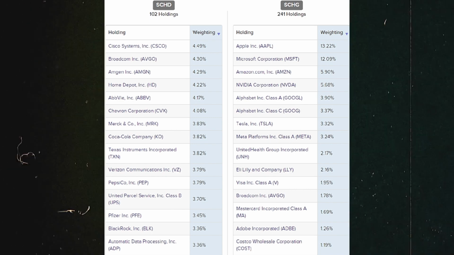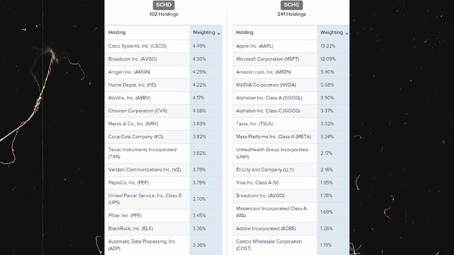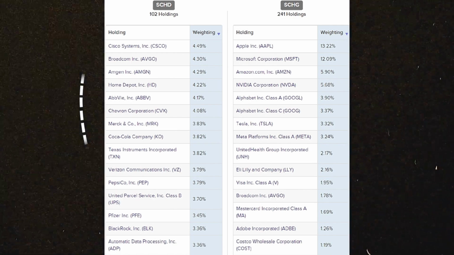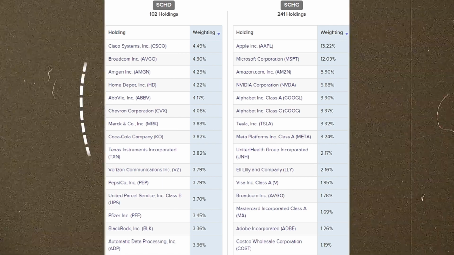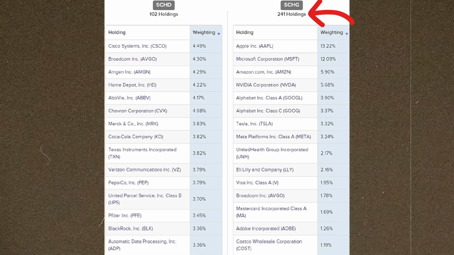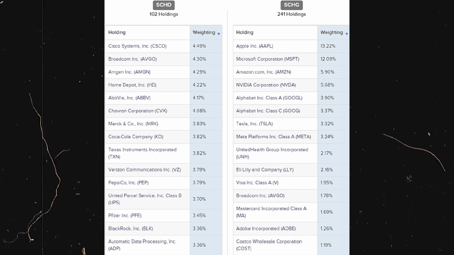SCHD's top holdings include established companies like Cisco, Broadcom, Amgen, The Home Depot, AbbVie, Chevron, Merck & Co., Coca-Cola, Texas Instruments, and Verizon.